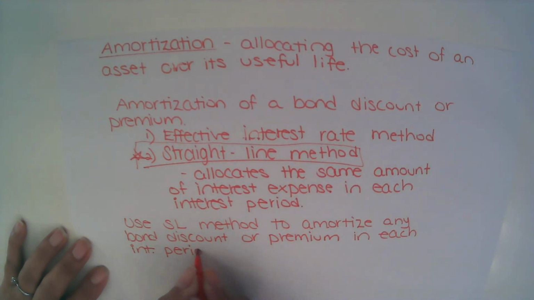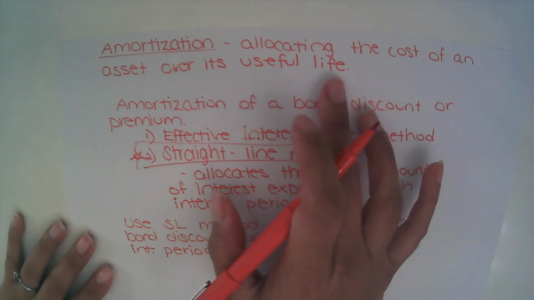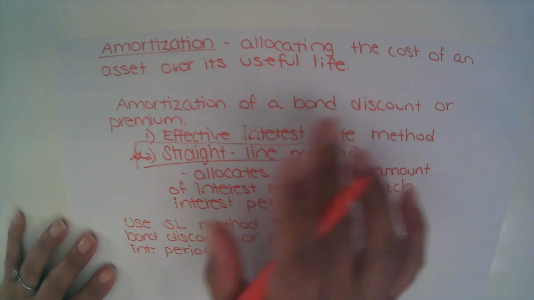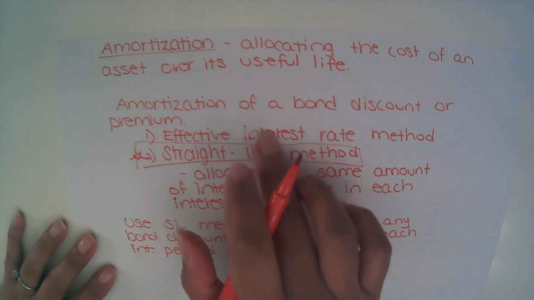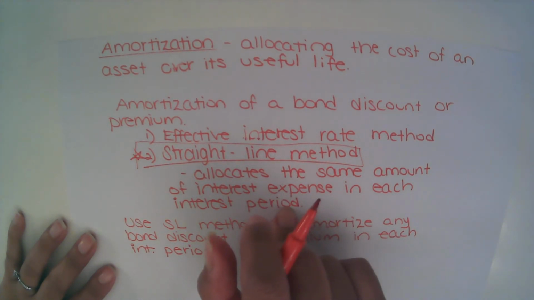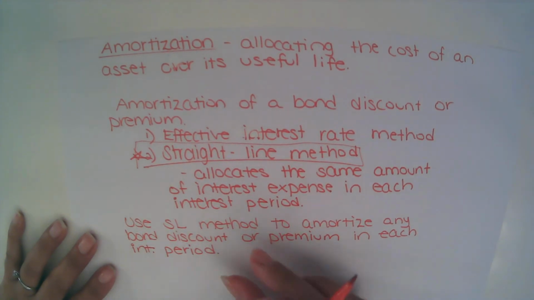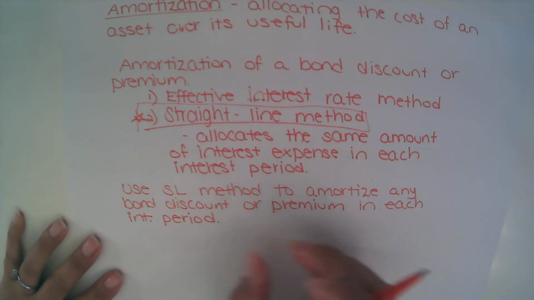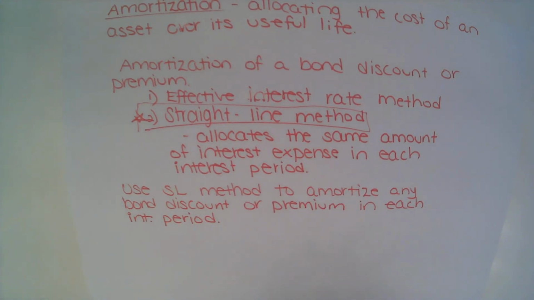Hopefully it'll become a little more straightforward when we put some numbers to it. Okay, just wanted you to see that amortization is similar to depreciation. We're going to now calculate amortization for a bond discount or premium. Of the two methods available, we're going to use the straight line method, which means that the amount that we allocate to each interest period will be the same. And we're basically just going to take the amount of the discount, divide it over the life of the bond, and put the same amount of interest expense in each period.